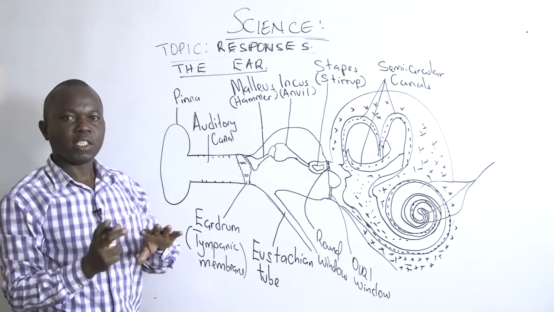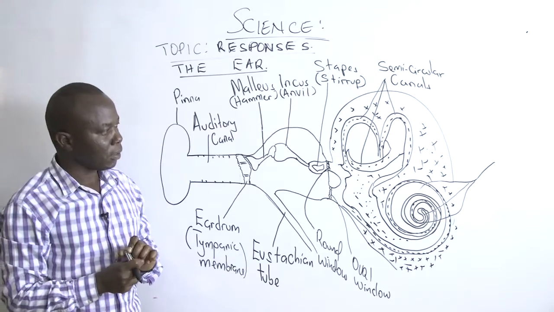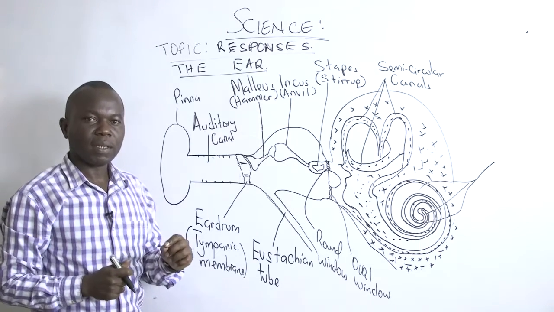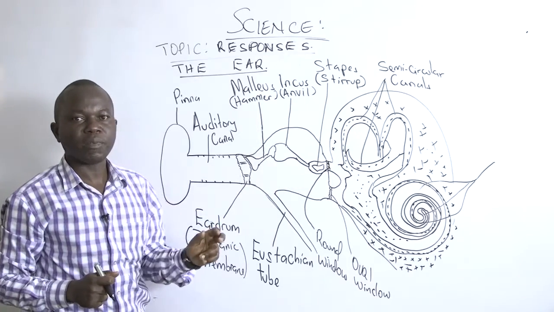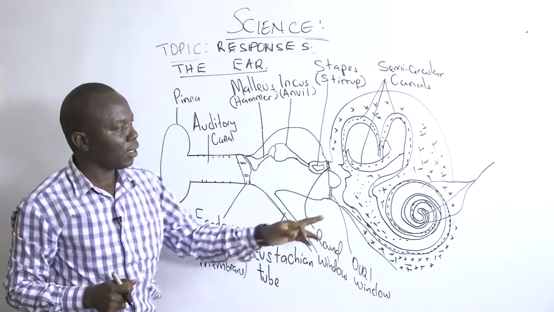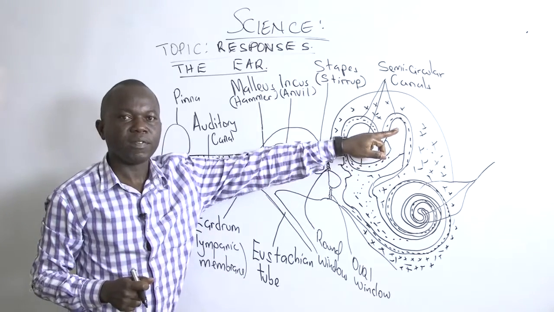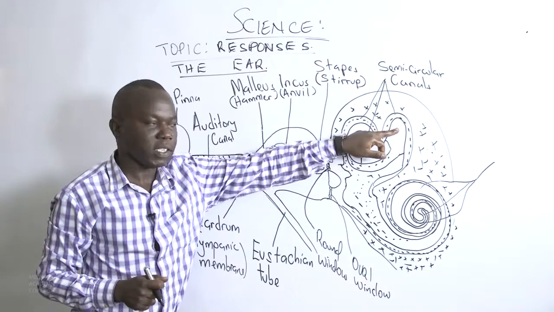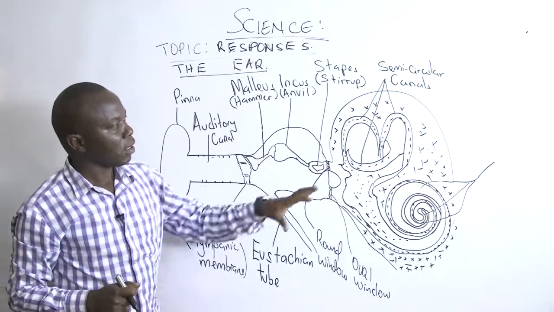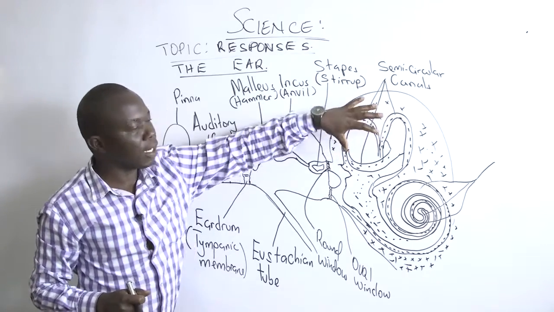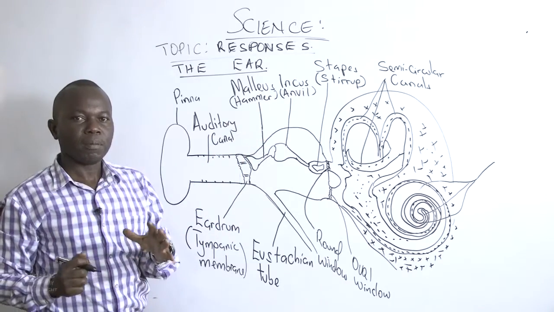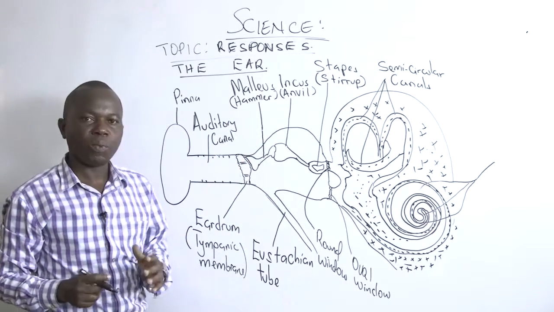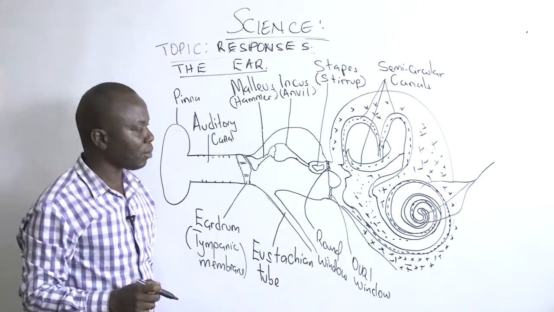They are arranged in different planes. We have the horizontal canal, the lateral vertical canal, and the posterior vertical canal. These three canals are involved in restoring body balance and posture whenever there is a displacement in the body.